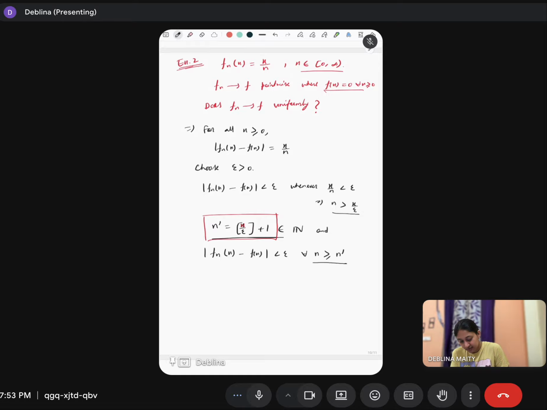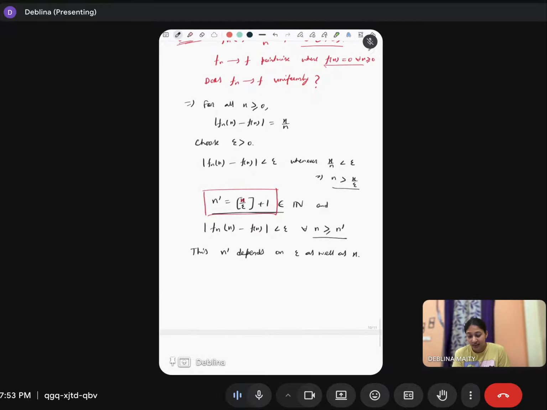So this N' depends on epsilon as well as the point x, right? So that's why this convergence will not be uniform convergence.